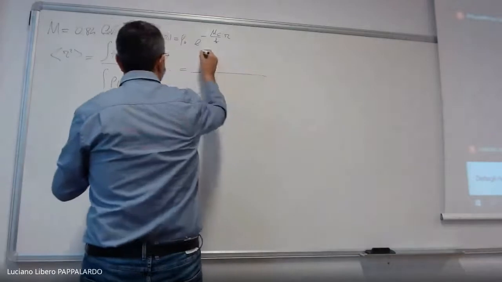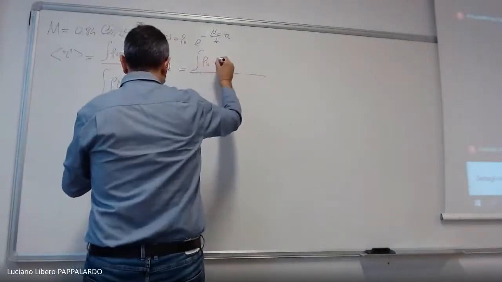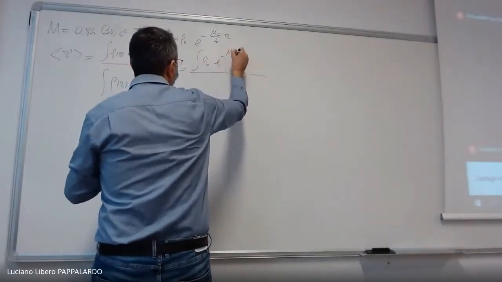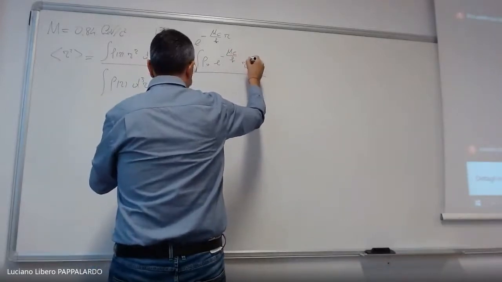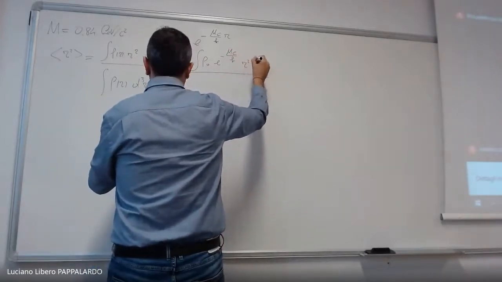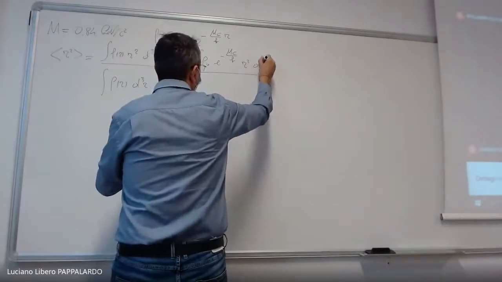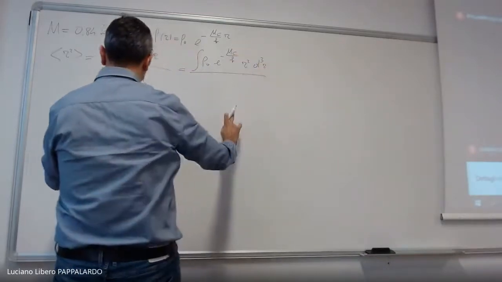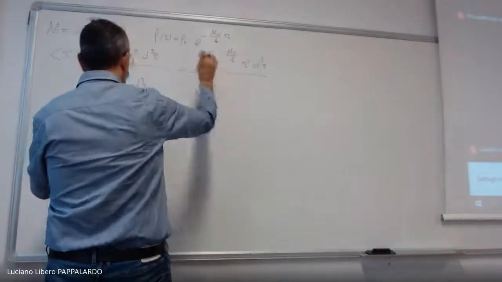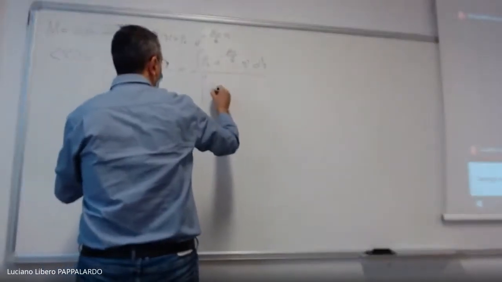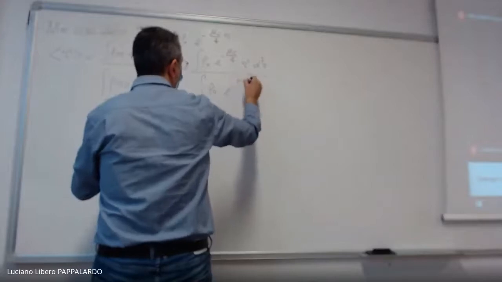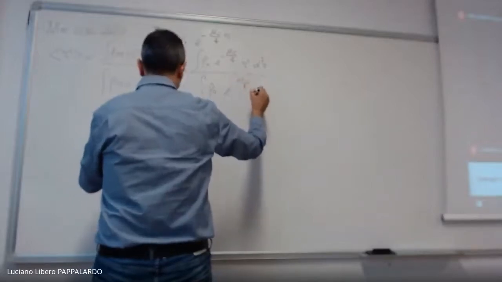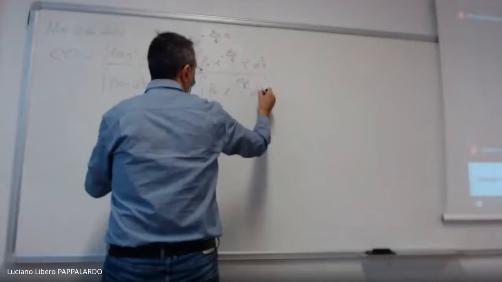So this is the integral of rho 0 e to the minus mc over h bar r, times r squared dr. And then in the bottom we have the integral of rho 0 e to the minus mc divided by h bar r dr.